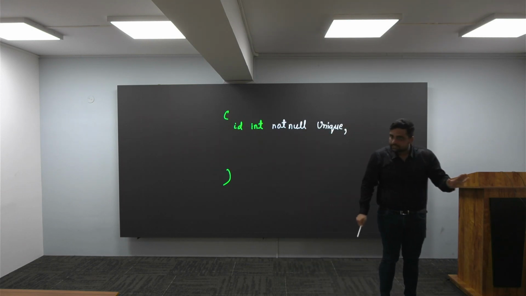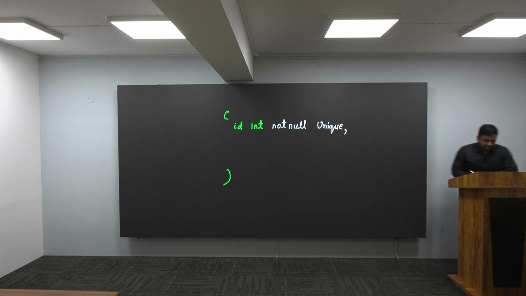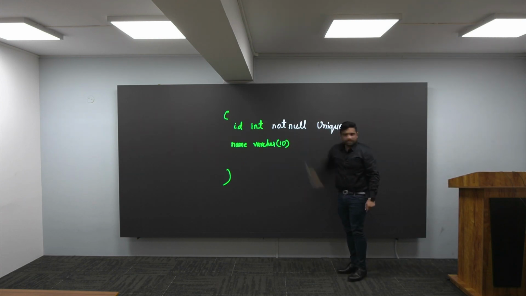Now, one more column I am taking, which is name. Which data type can we use here? Varchar we can use. Size I am defining as 10. Now here, we have already used not null.